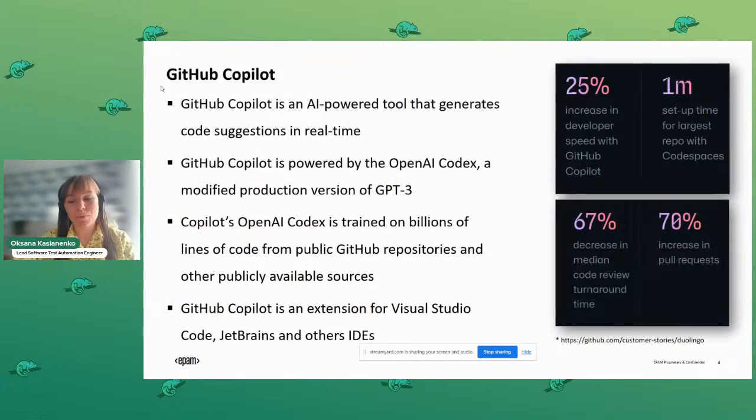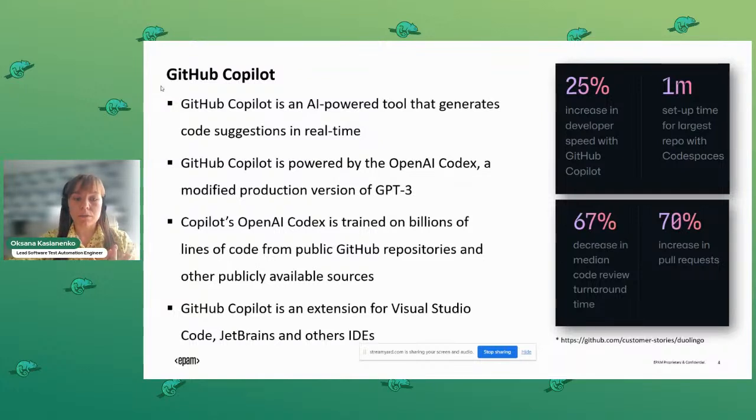What is GitHub Copilot? GitHub Copilot is an artificial intelligence tool which was developed by GitHub and OpenAI, and this tool uses machine learning algorithms and generates code suggestions for developers in real time.